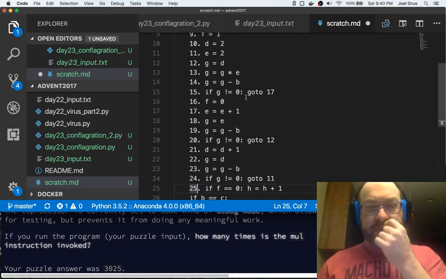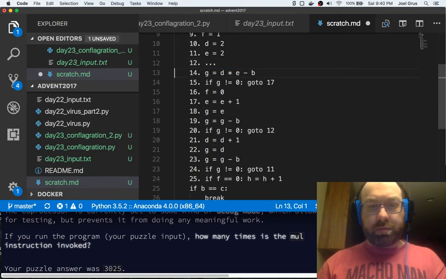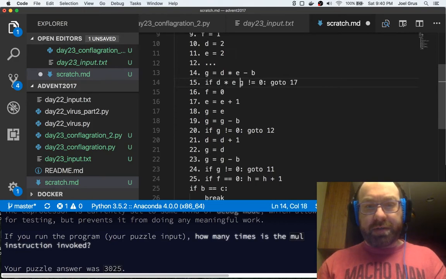So now let's deal with a couple of these loops. Here G equals D times E minus B, so I can get rid of those. And this is really if D times E is not equal to B, go to 17.